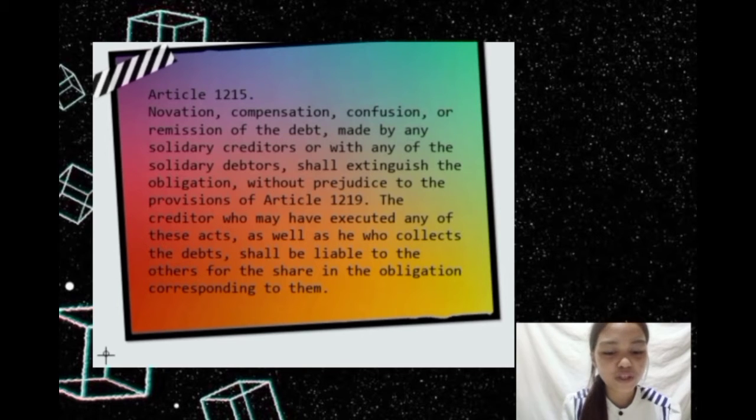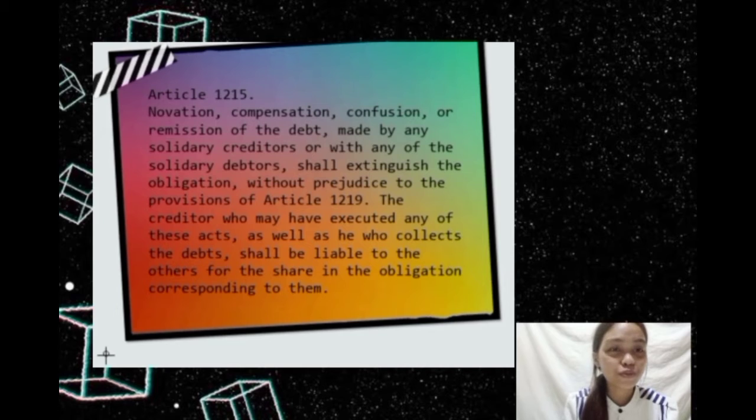Also, confusion may be total or partial. In partial confusion, the other creditors who have not caused the confusion are to be reimbursed to the extent that their rights are diminished or affected.